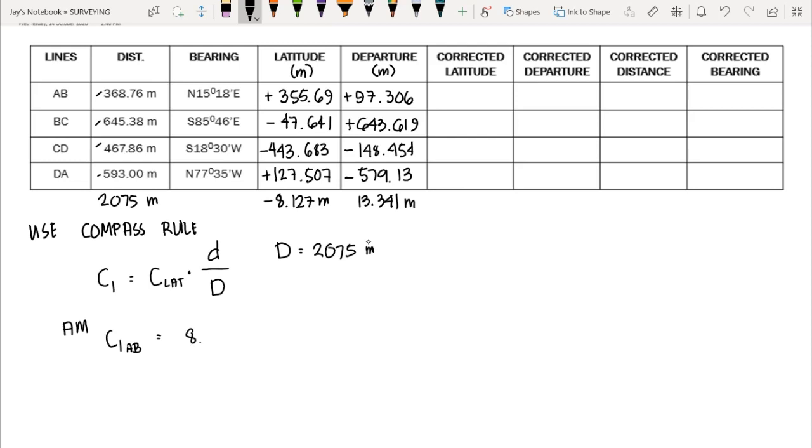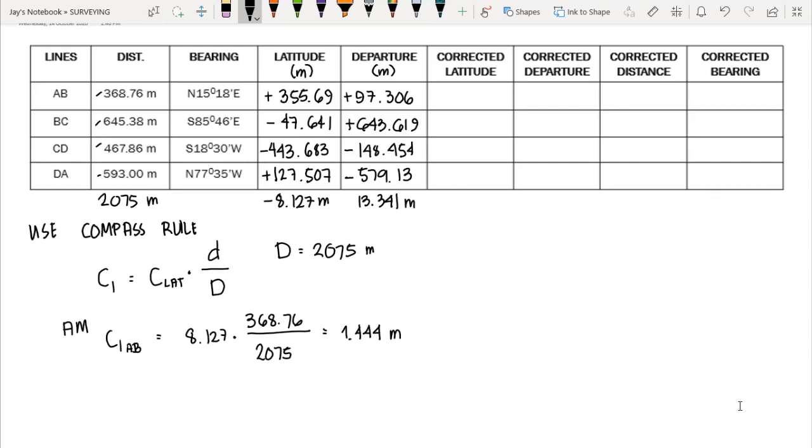We have 8.127, so do not include the sign, times the distance of AB, which is 368.76, over the total distance or the perimeter, which is 2,075. This gives us the correction of the latitude on traverse AB, which is 1.444 meters.